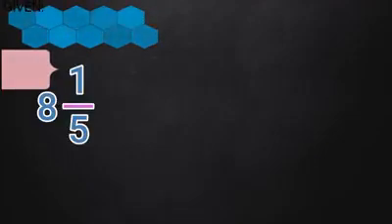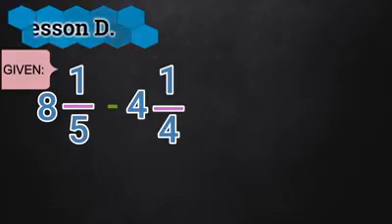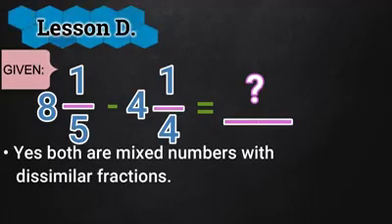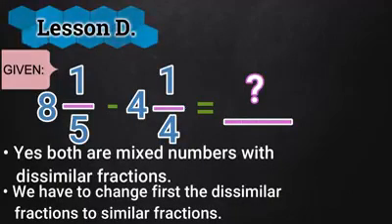Lesson D. Given is 8 and 1/5 minus 4 and 1/4 equals blank. What can you say about the given fractions? Yes, both are mixed numbers with dissimilar fractions. How do we solve for the answer? Correct. We have to change first the dissimilar fractions to similar fractions.